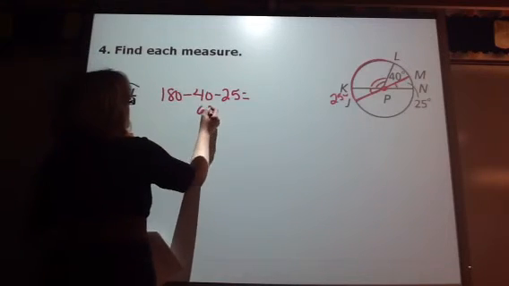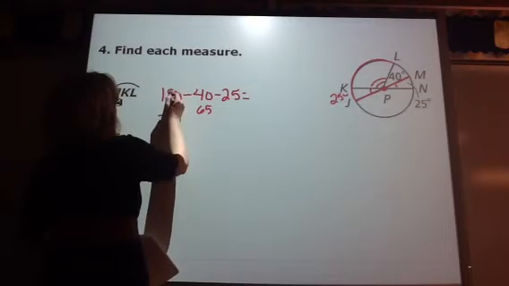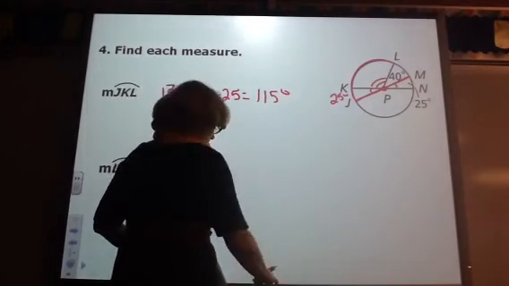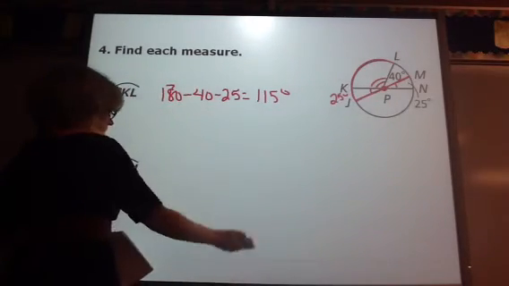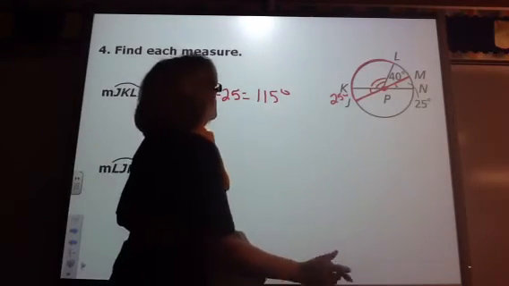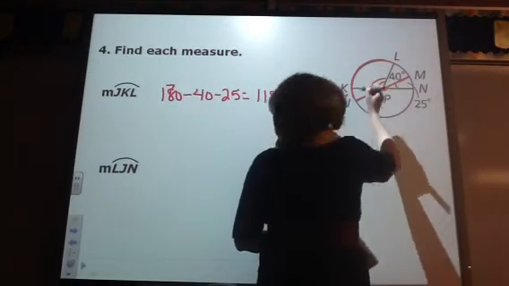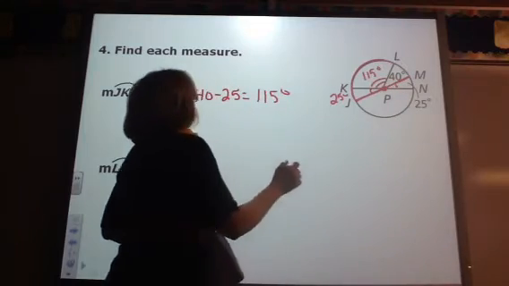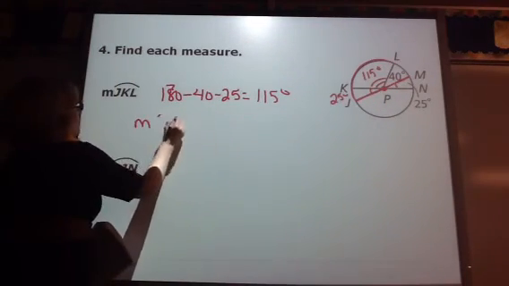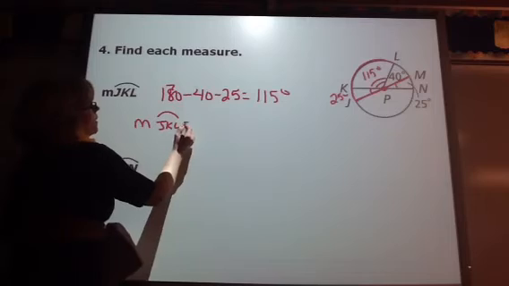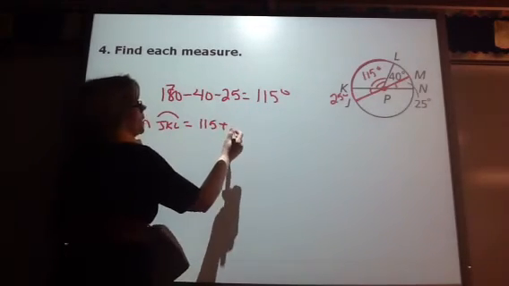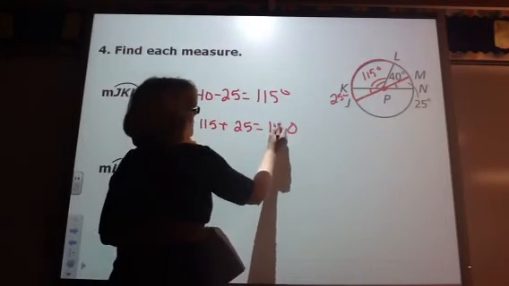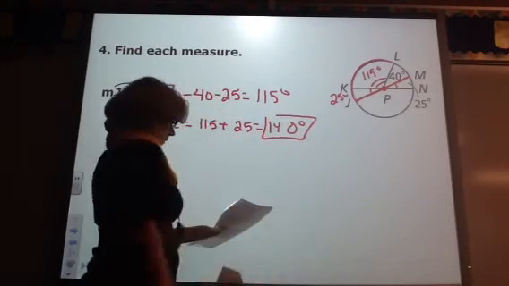So what is that? 65 minus 65, 115 degrees. So this here is 115. So the measurement of arc JKL equals 115 plus 25, and I get 140 degrees.